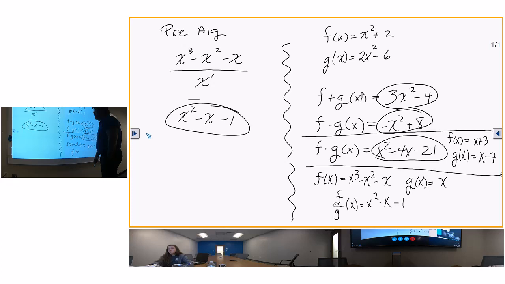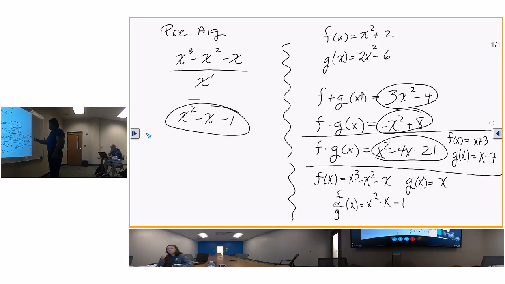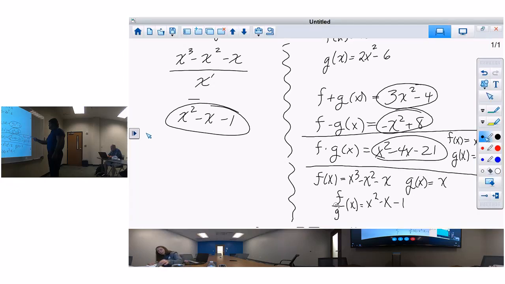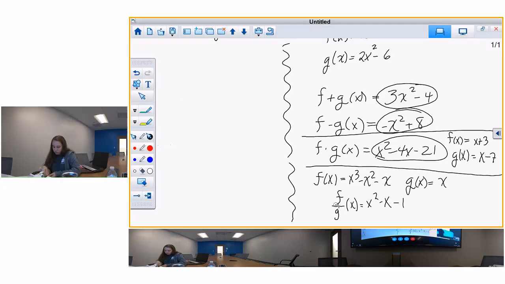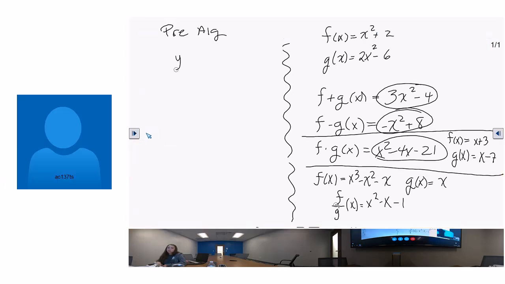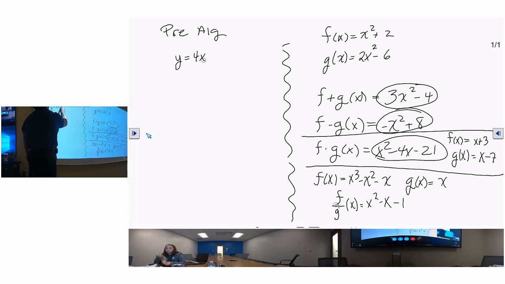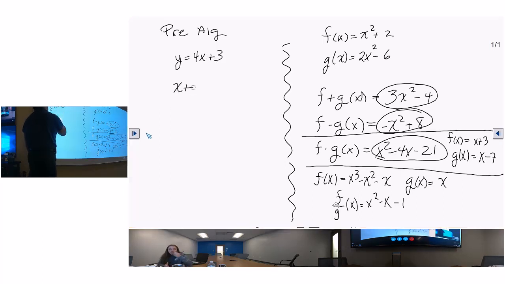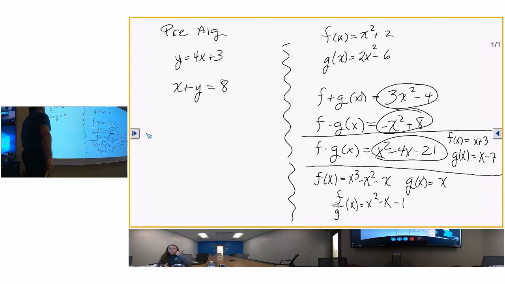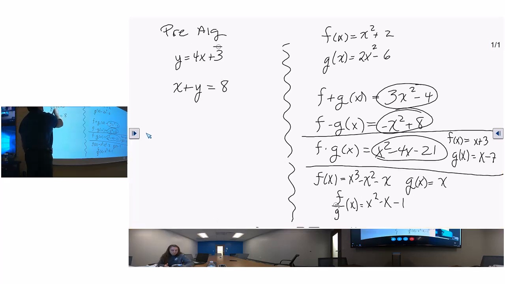Now what about composition? Well, composition is a little bit like substitution. So remember when they did this and they said y is equal to 4x plus 3 and x plus y is equal to 8. What did they tell you to do with this y is equal to 4x plus 3?